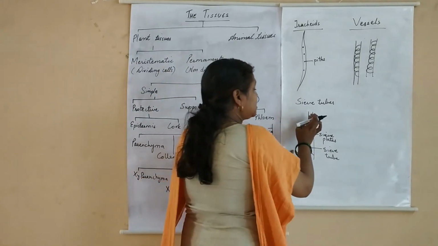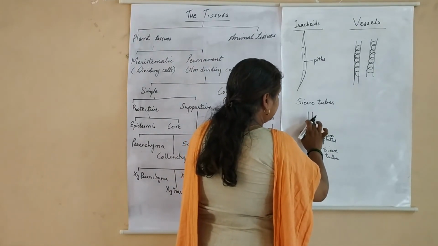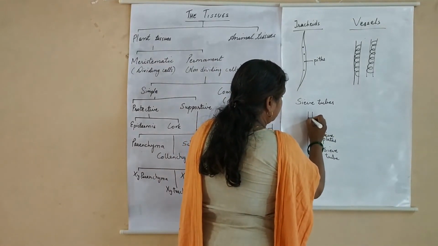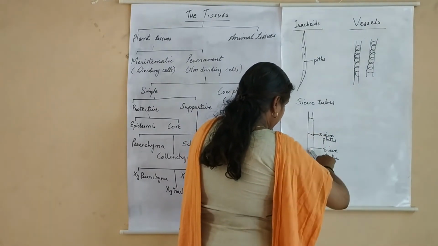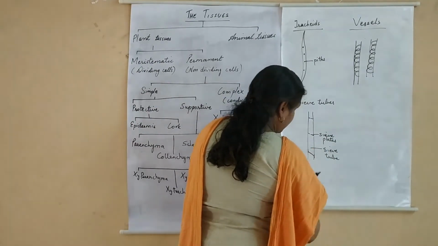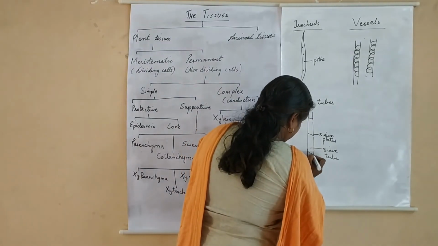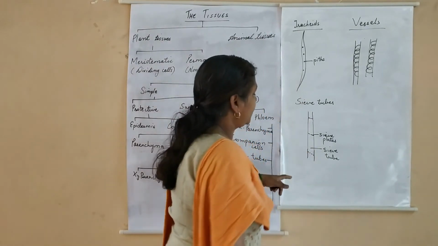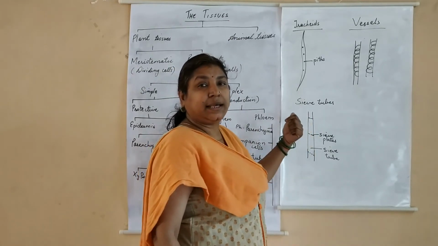Now these sieve plates are perforated. There are perforations. So perforation means they are small holes like in your sieve.